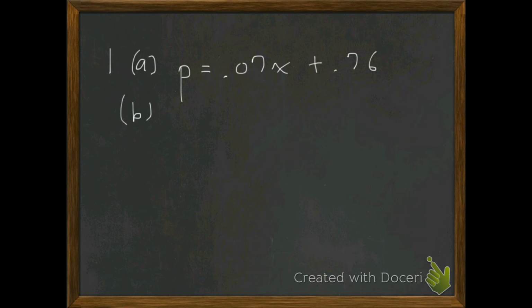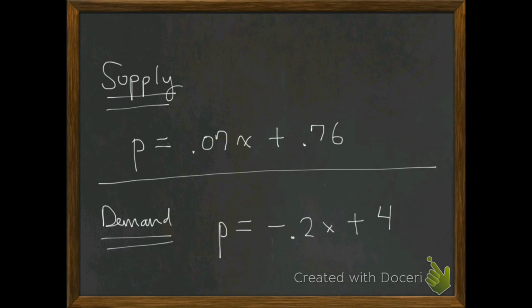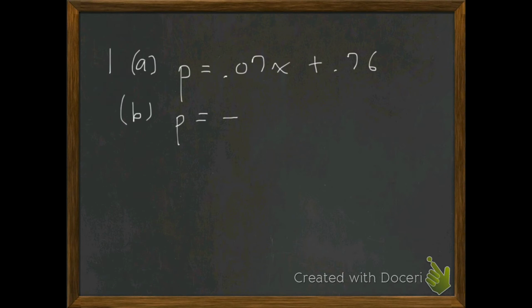Part B is the price demand. And what was that? Negative 0.2 and 4.